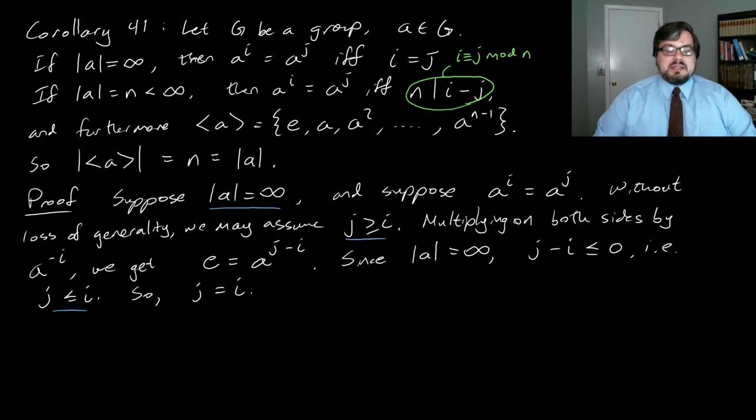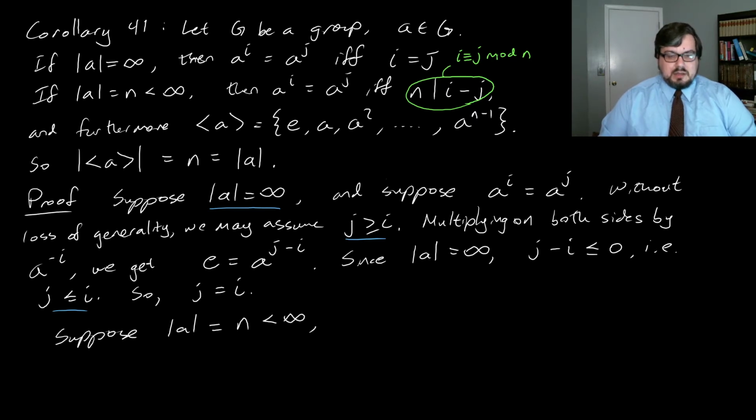So now let's consider the other case, and this one's slightly different. Let's suppose that the order of a equals n, which is less than infinity. Suppose a to the i equals a to the j, and again, we'll have that j is greater than or equal to i.